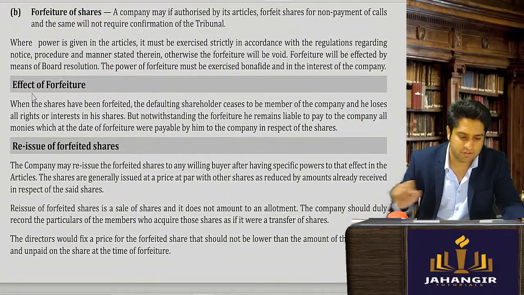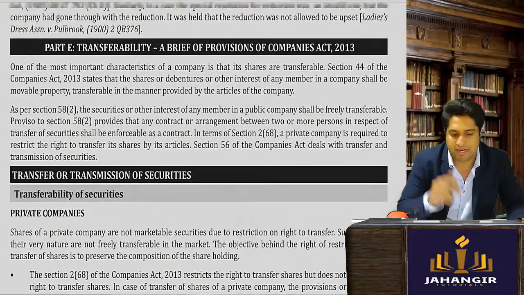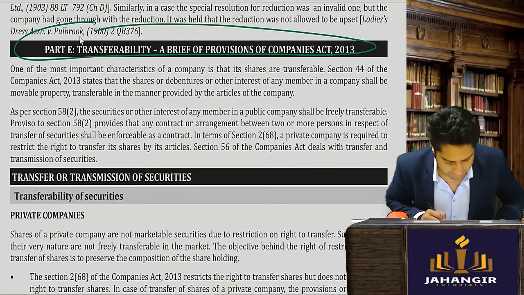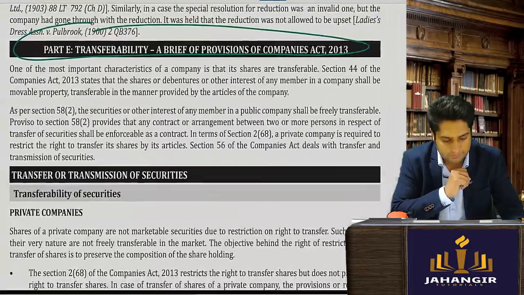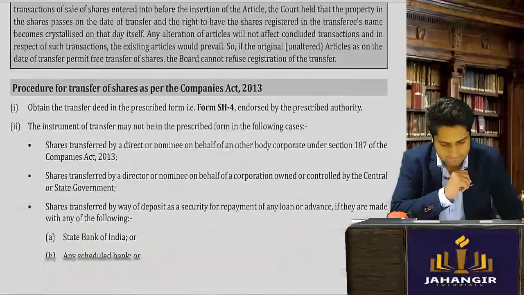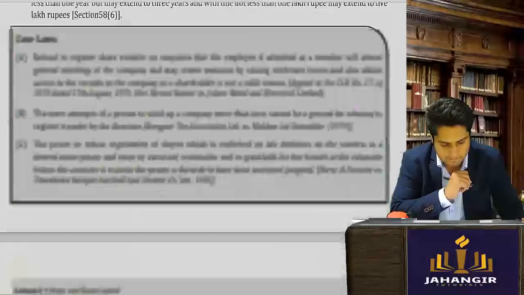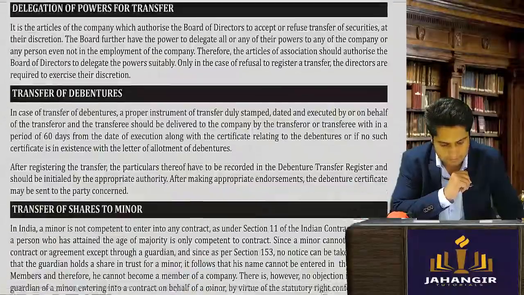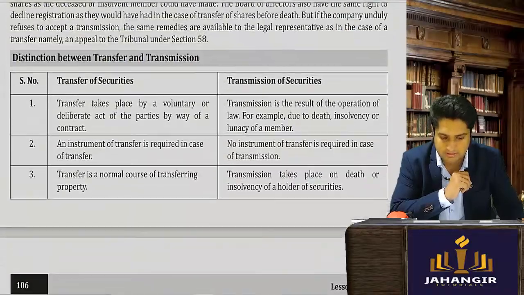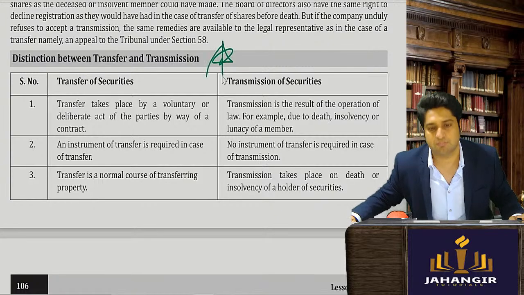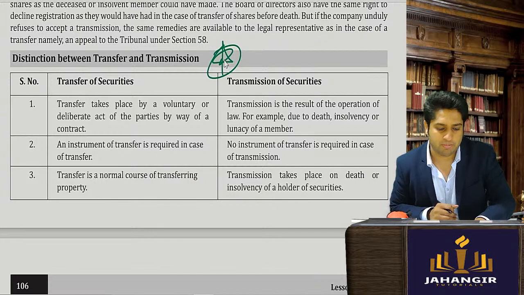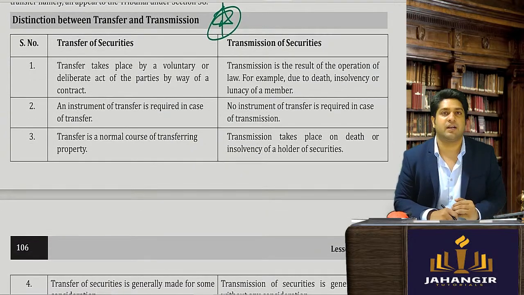Then they will talk about transfer and transmission, the last part of the chapter. Very simple. I'll take you directly to the provisions. Here we will go to just the main important things. From this topic, they most commonly ask the difference between transfer and transmission.